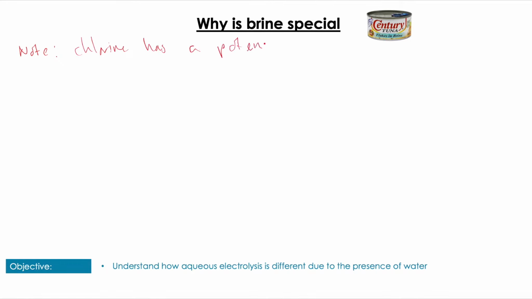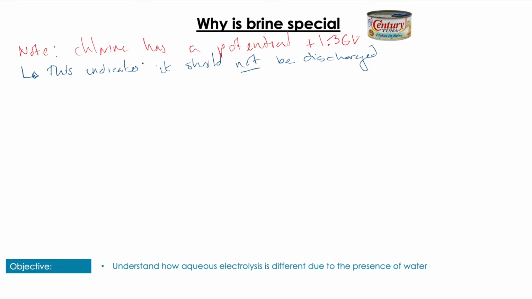Chlorine has an E cell value, a potential, of plus 1.36 volts. So we of course think, well, in this case, water will be more likely to be oxidized. However, this isn't what we see when we electrolyze high percentage solutions of brine, of NaCl. So it should not be discharged. However, we do end up getting some chlorine gas.